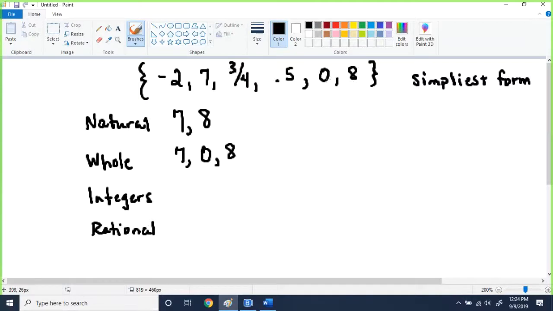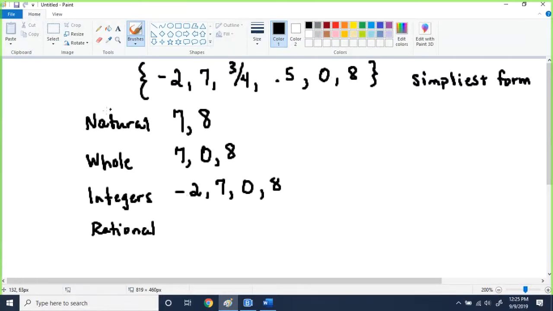Integers, we're focusing on our number line that has negative numbers, positive numbers, and 0. So -2 will go into the integers category. 7, a positive whole number. 0, and positive 8.